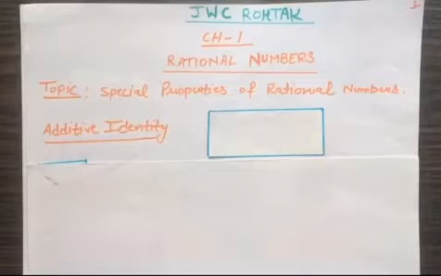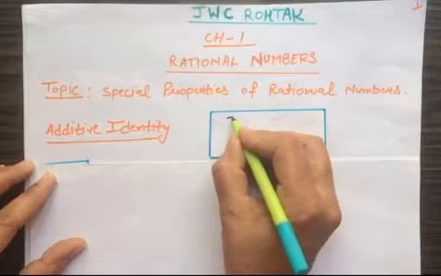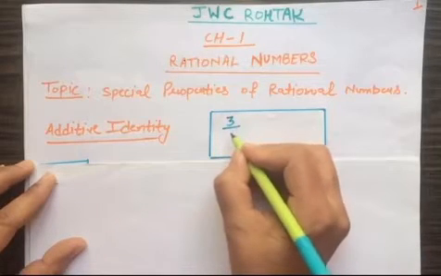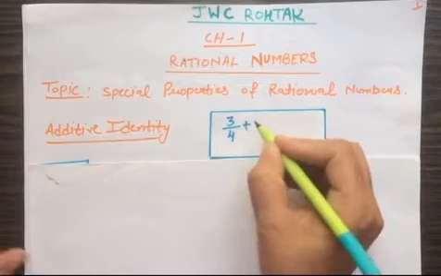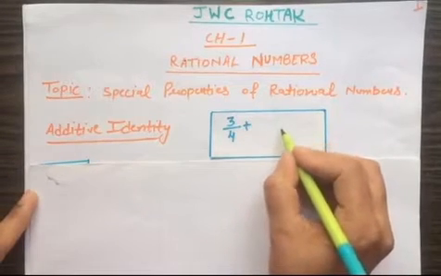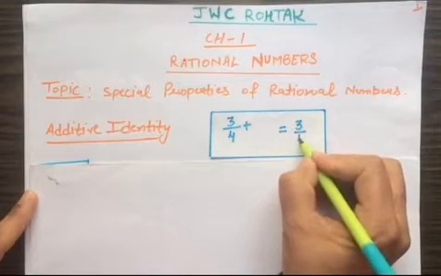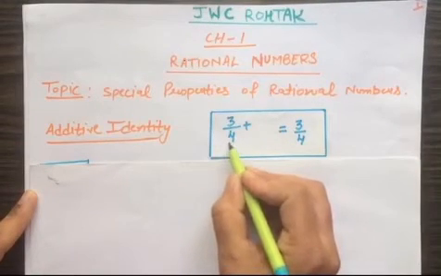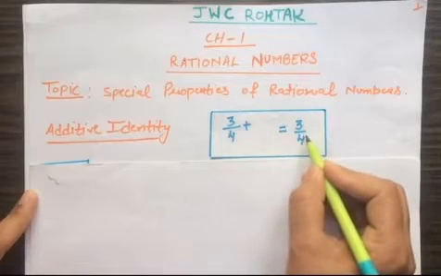First, additive identity. If I write a rational number 3/4, what should be added to this number so that the result is the same number? Means what should be added to 3/4 so that the number remains same?